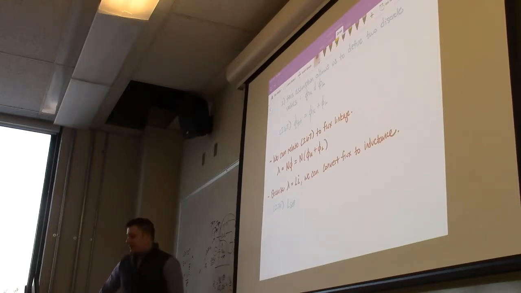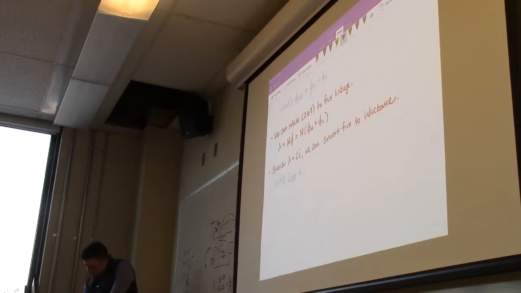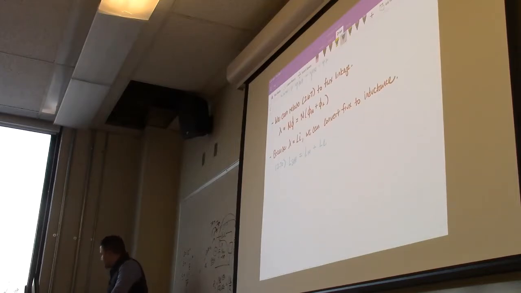All right, so we can convert magnetizing inductance plus the leakage inductance, which we're going to switch over to using a cursive L. And so this is our leakage flux divided by our current.